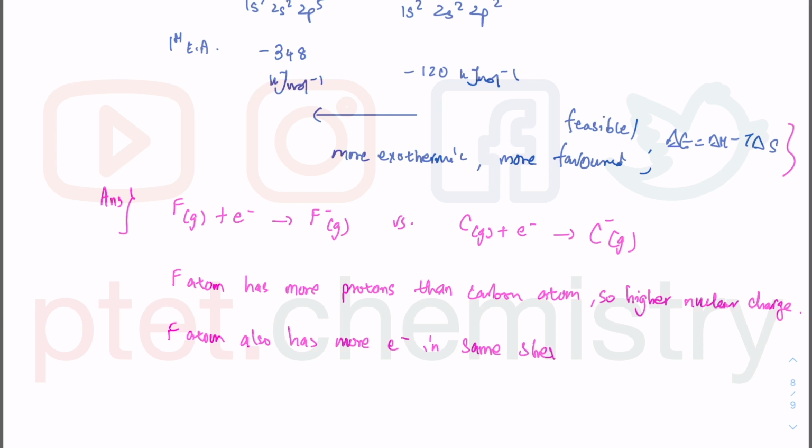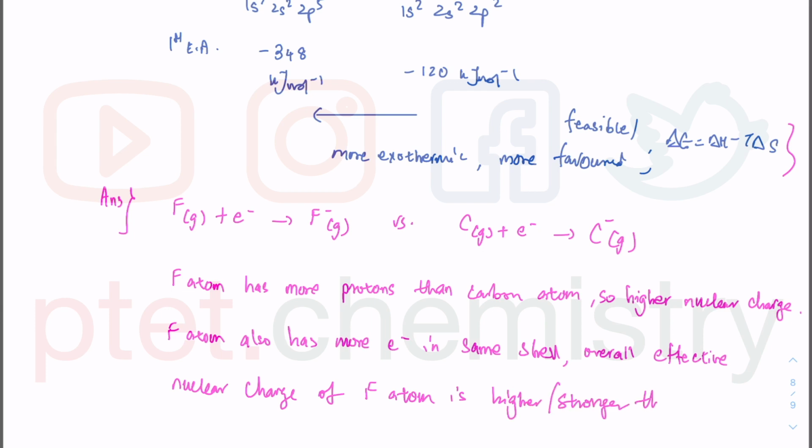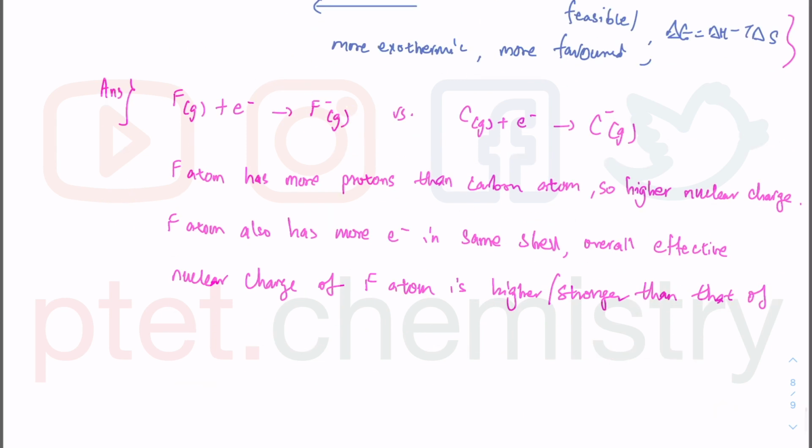So shielding, which is roughly constant, overall effective or the net nuclear charge of fluorine atom is stronger or is higher than that of carbon atom.